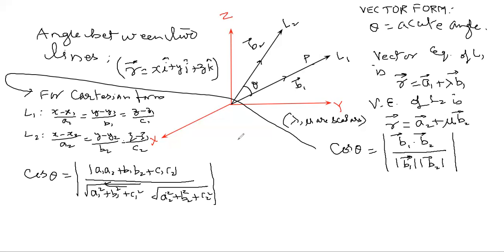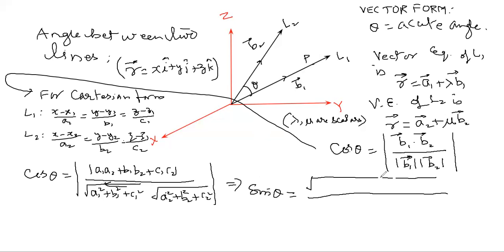Sometimes they write it in sine theta, but converting directly into sine theta is difficult; there is a formula to remember. It comes like determinants, a1 b2 minus a2 b1, but the whole square will come in the numerator.